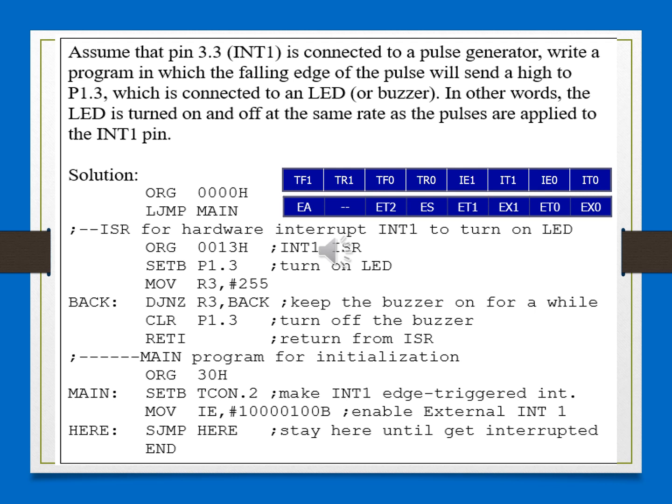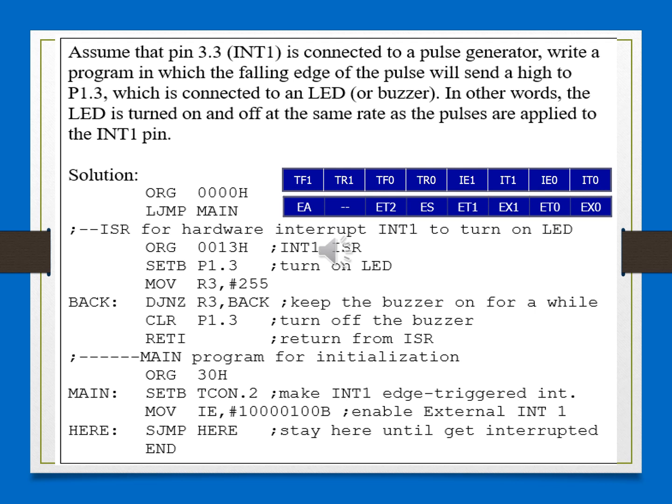Now the LED is on. Wait for some time, using a delay program. Move R3 with 255 decimal, then decrement R3, waiting for R3 to become 0. Once it becomes 0, you are out of the loop, so you have generated a delay.